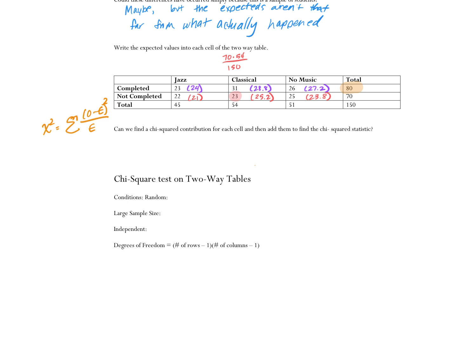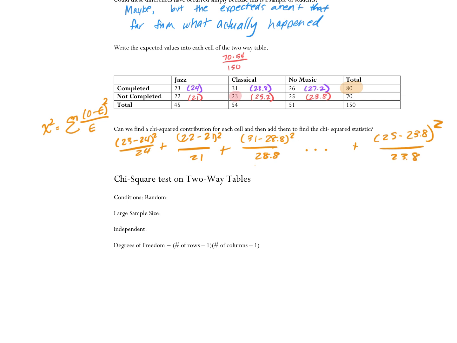So, I could do 23 minus 24, the quantity squared over 24, plus 22 minus 21, the quantity squared over 21, plus 31 minus 28 point... And I'm just going to do a dot, dot, dot, all the way up through 25 minus 23.8 squared over 23.8.